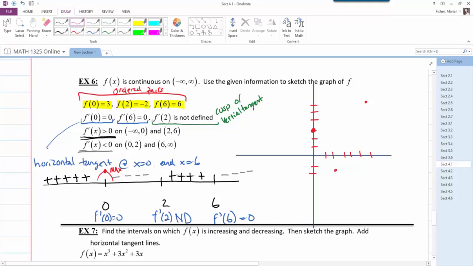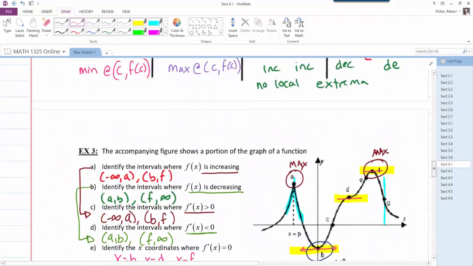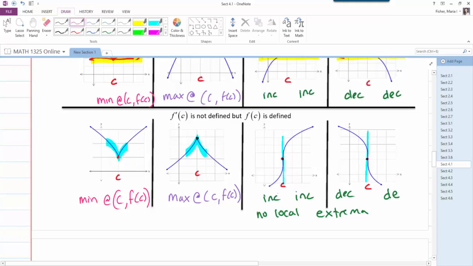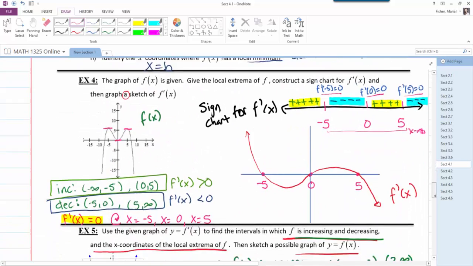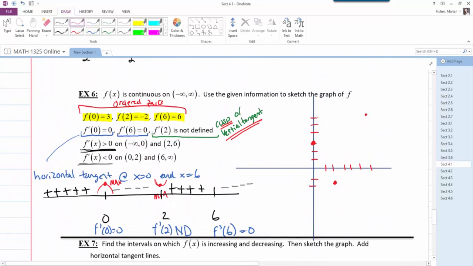And then I'm decreasing and then I'm increasing, so this needs to be a min. So I have to have a minimum value at 2. So I said we either have a cusp or a vertical tangent. Well, recall, with vertical tangents, you can't have local extrema. So it has to be a cusp since we said it was going to be a min. So this is going to be a cusp at x equals 2.